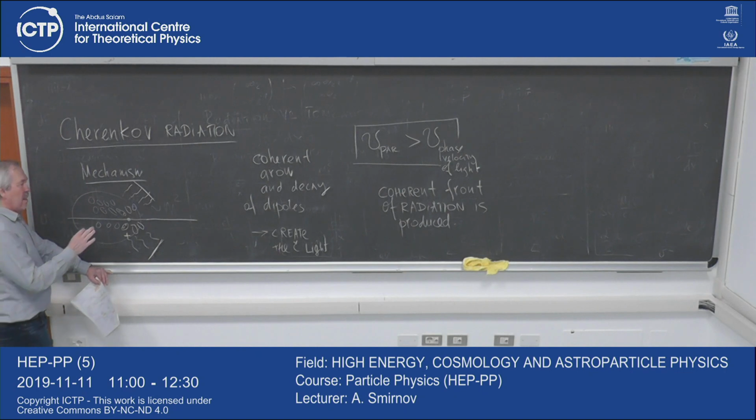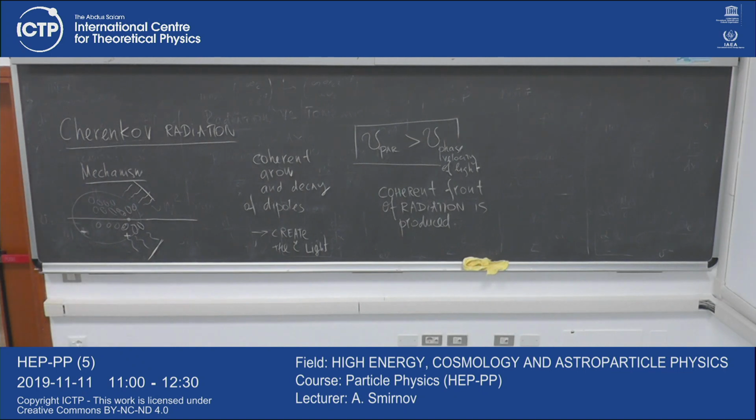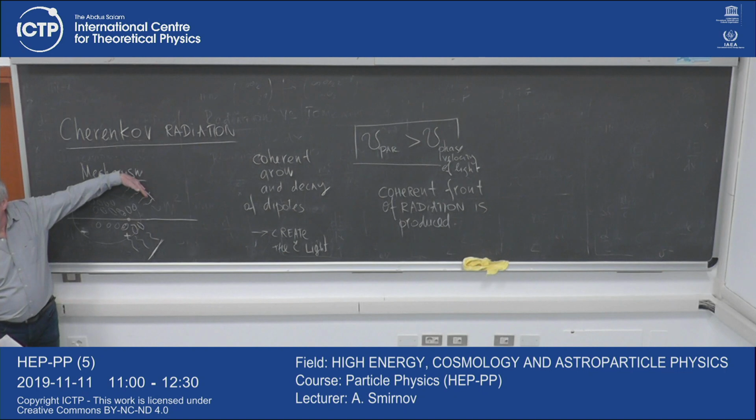In all other regions these waves add up incoherently, with different phases, and therefore the amplitude is to some extent decreased. Only in certain regions of the fronts do these waves sum up coherently, and therefore there you have enhancement of radiation along certain fronts.